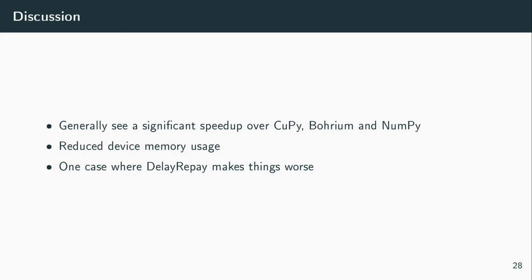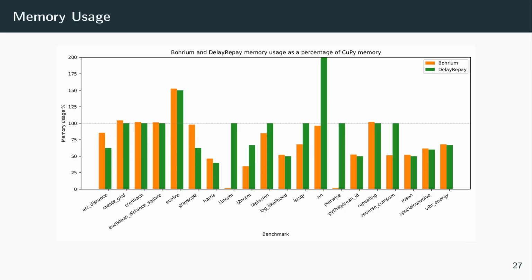We have one case where DelayRepay makes things significantly worse. This is the case of the hand-coded neural network benchmark here. So DelayRepay is significantly worse in both memory consumption and execution time end-to-end.